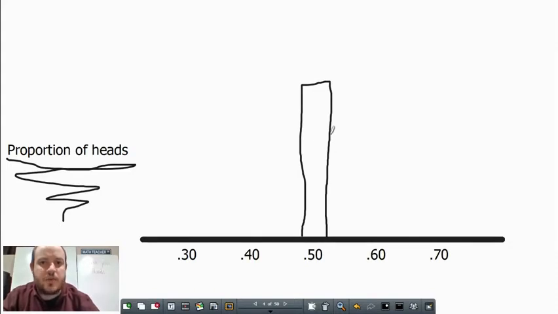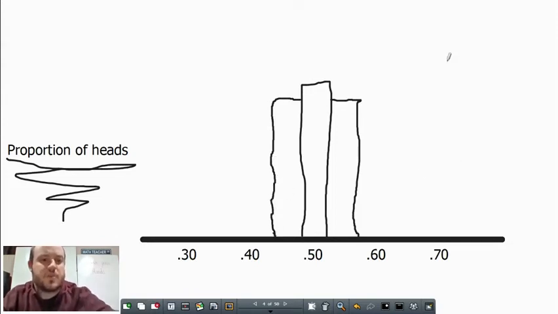All right, now there will probably be some of you that get slightly above that because you're just luckier. And there will be some of you that get below that because you are not as lucky. So that would be our histogram here. Now, as you get further away from that 50%, it would be rarer and rarer to see people fall in those ranges.